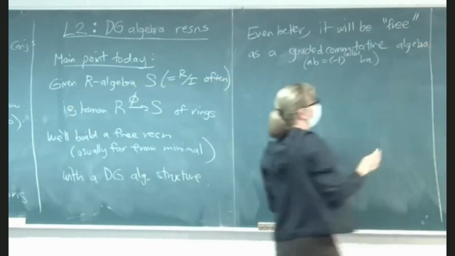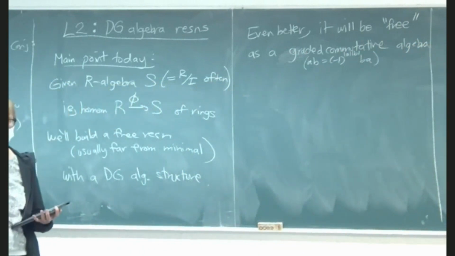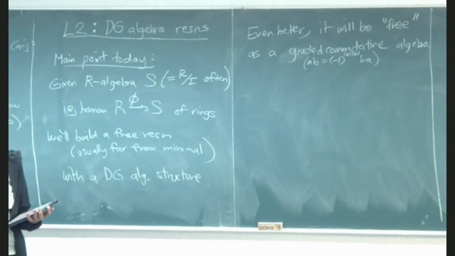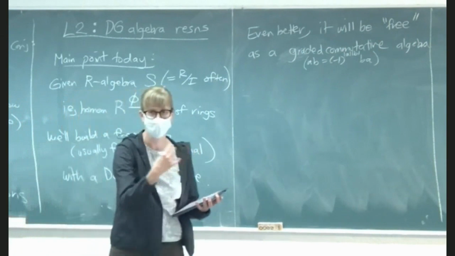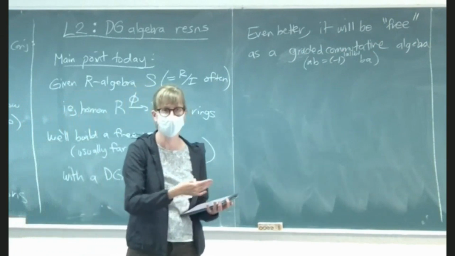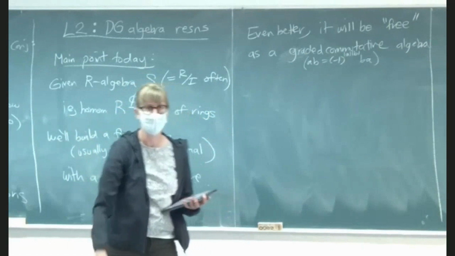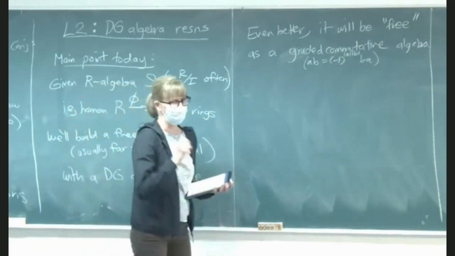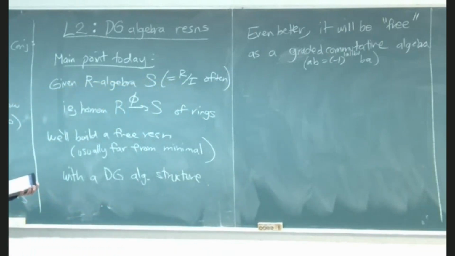Okay, so what do I mean by that? Well, if you just ask someone in math, give me a free algebra, they're going to take a ring and they're going to adjoin variables that do not commute. They're going to give you a non-commutative huge thing, right? That's called a free algebra. But we don't want such a large thing because we're in the world of commutative algebra and algebraic geometry.